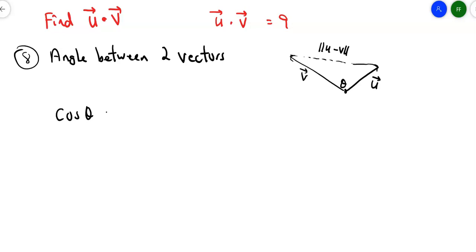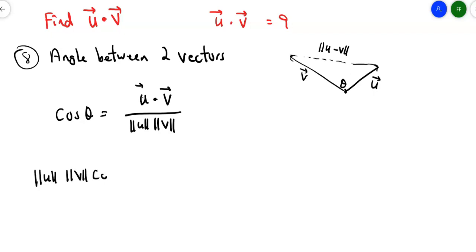So the cosine of theta equals u dot v, that scalar dot product, over the magnitude of u times the magnitude of v, which means that you can actually rewrite this in two other formulas. One of them is if you multiply both sides by the denominator, you get the magnitude of u times the magnitude of v times the cosine of the angle between them is the dot product, right?